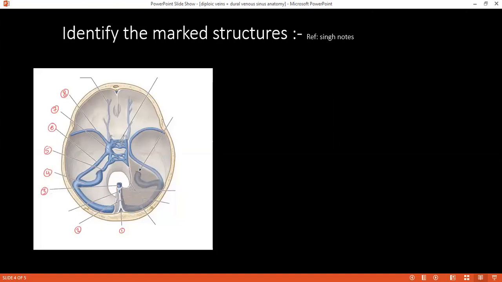If you have to do a borehole, can you please tell me the layers that you'll come across from outside to inside? Yes, ma'am. There would be skin, subcutaneous fascia, aponeurosis, then loose areolar tissue, periosteum or pericranium.